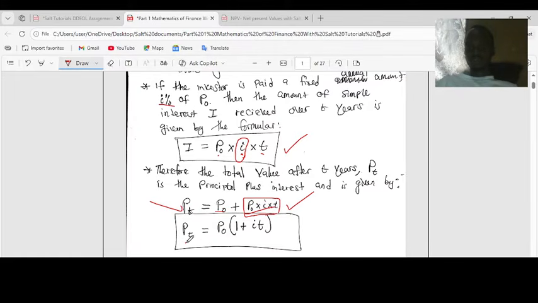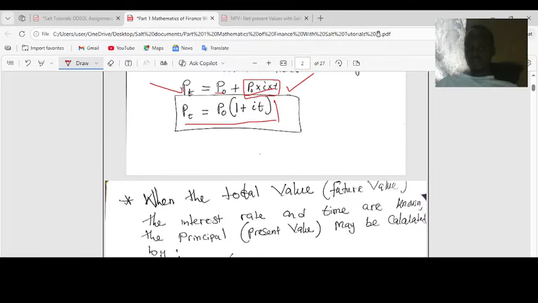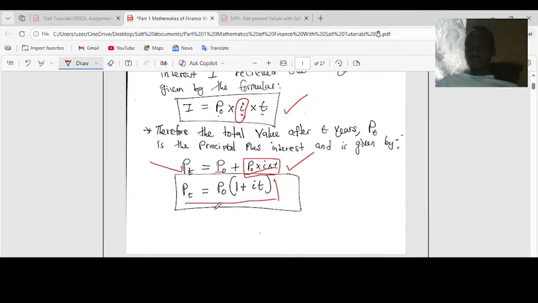That is why we have the final solution to be this as our formula for the future value, or the amount I'm going to have after a certain period of time when interest is calculated in terms of simple interest. So PT will be equal to P0 (1 plus IT) in brackets.